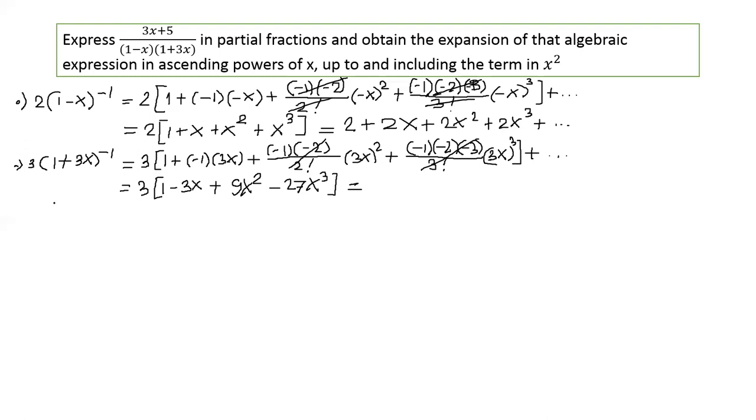Let's calculate to multiply 3 times 1. Minus, because 3 times negative 3 is minus 9x, times 9, 27. Three times negative 27, negative 81.